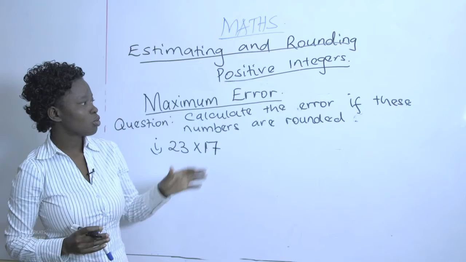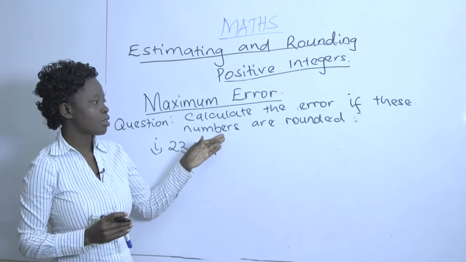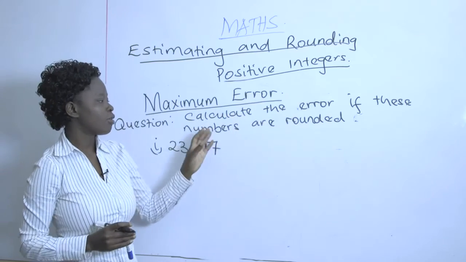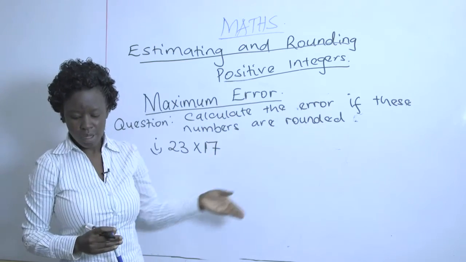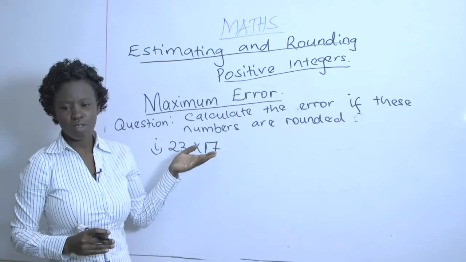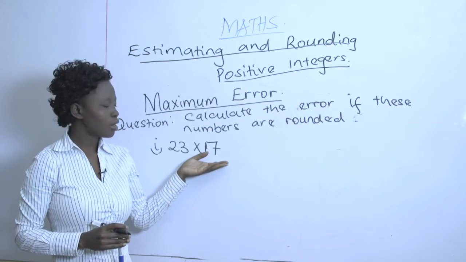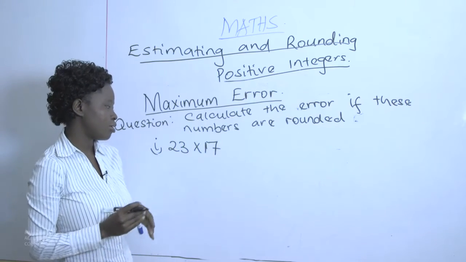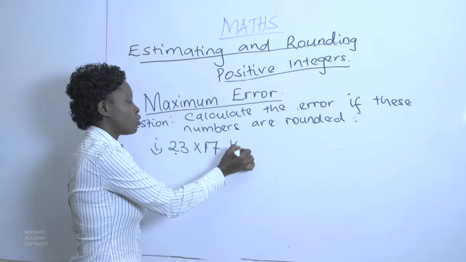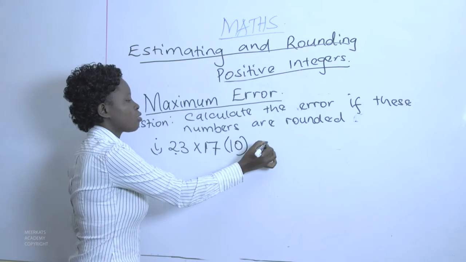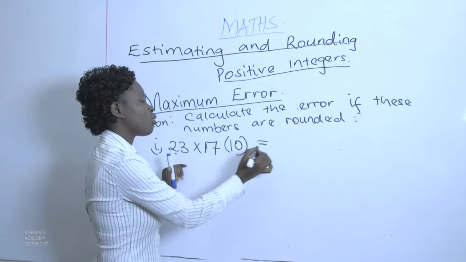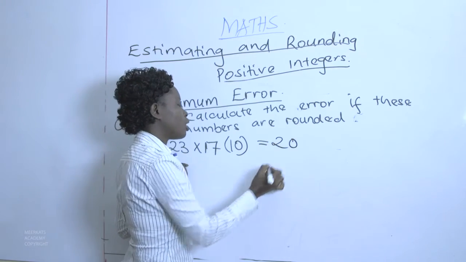So we are asked to calculate the error in these numbers. We calculate the error if these numbers are rounded. The first sum we have is 23 times 17. When we round 23 times 17, we round these to the nearest 10. 23, 3 is less than 5, so it is rounded down to 20.